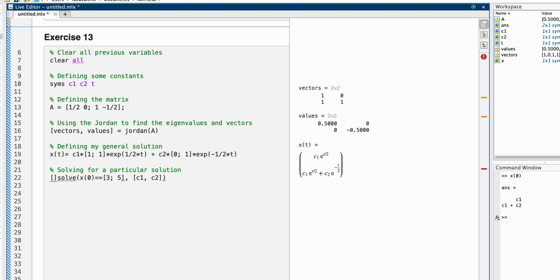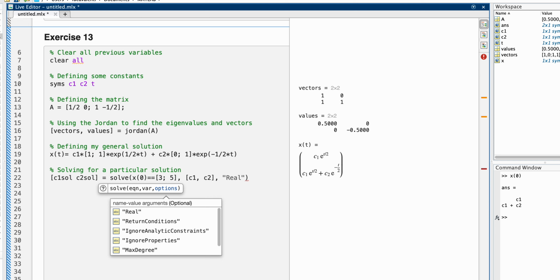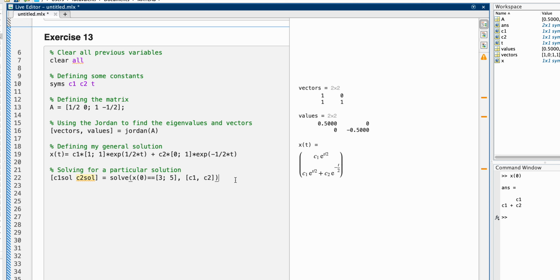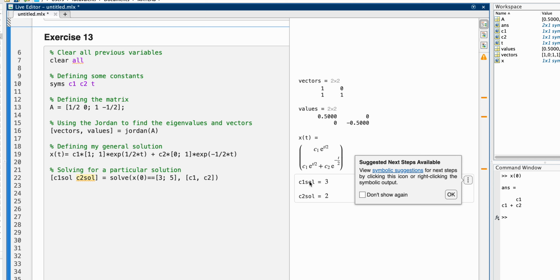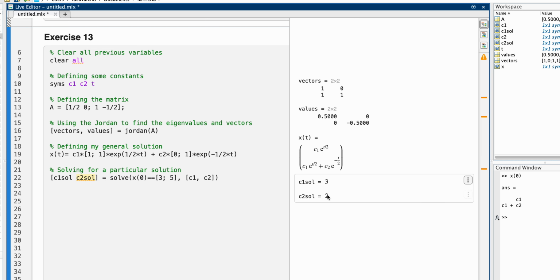It's going to output two solutions, so again, I need to give it a matrix output, C1 sol and C2 sol. There are other things you can put here, like real and true, but we don't necessarily want to constrain that. So we do that, and what do we get? We get a solution of 3 and 2.